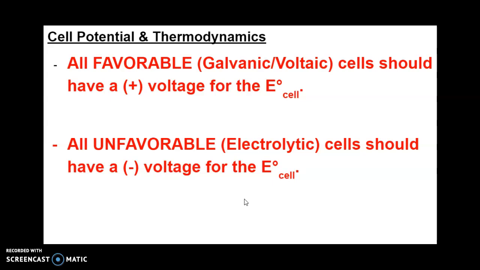Now this makes sense because we have an external power source that needs to overcome this deficiency in electrolytic cells. The external voltage is going to help us get over this negative voltage that the cell produces in order for the reaction to happen. So spontaneous or favorable reactions thermodynamically will have a positive voltage. Unfavorable will have a negative.